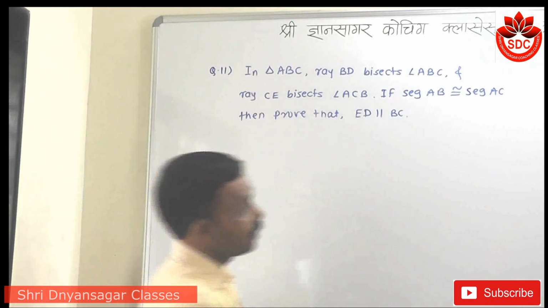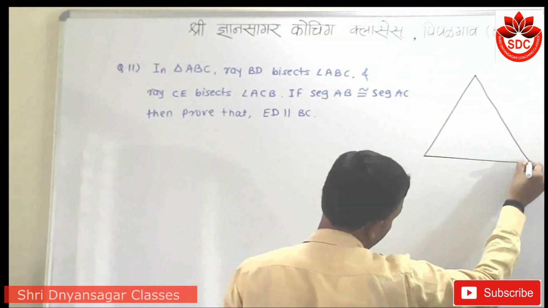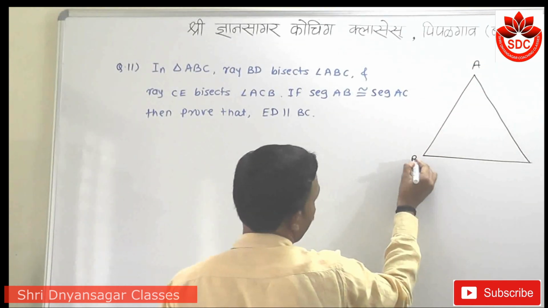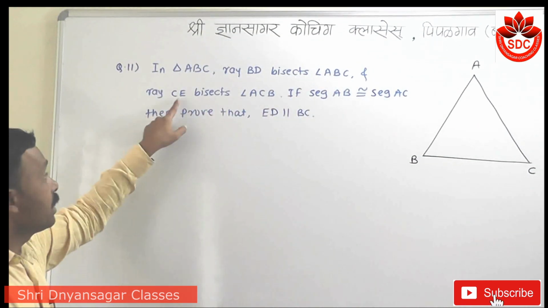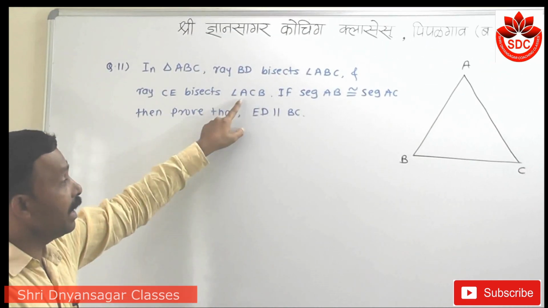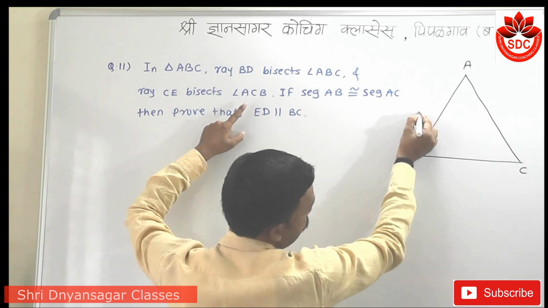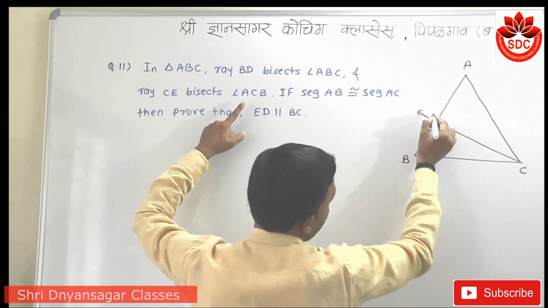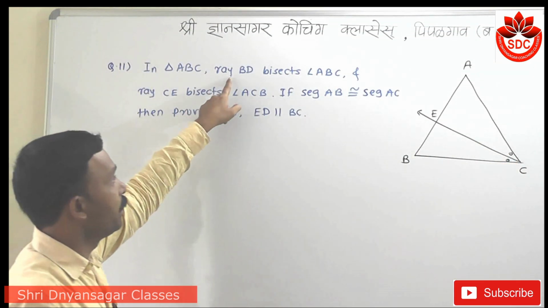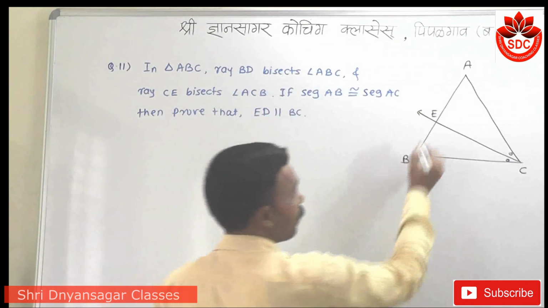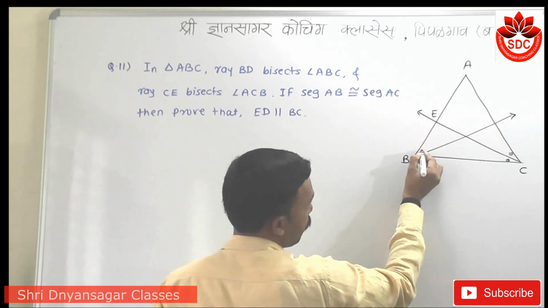Now here is triangle ABC, so first I have to draw one triangle. The vertices of the triangle are A, B and C. Now student, ray CE bisects angle ACB, so suppose that this is ray CE, the bisector of angle C. Also, BD bisects ABC, meaning that from this B we have to draw the bisector of angle ABC.